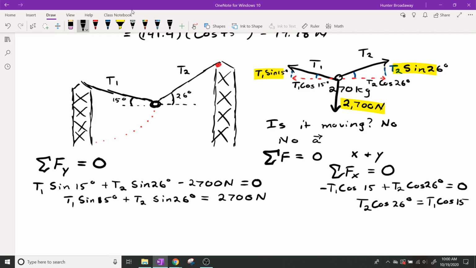And if you skip that step and just write that these two are equal to each other, that is fine. I just write it out from the beginning of Newton's second law because it's physics class and that's what we start with. And in all honesty, if you start here on open response questions and you just write that it's not moving, there's no acceleration, so therefore the forces are balanced, that's partial credit right there.